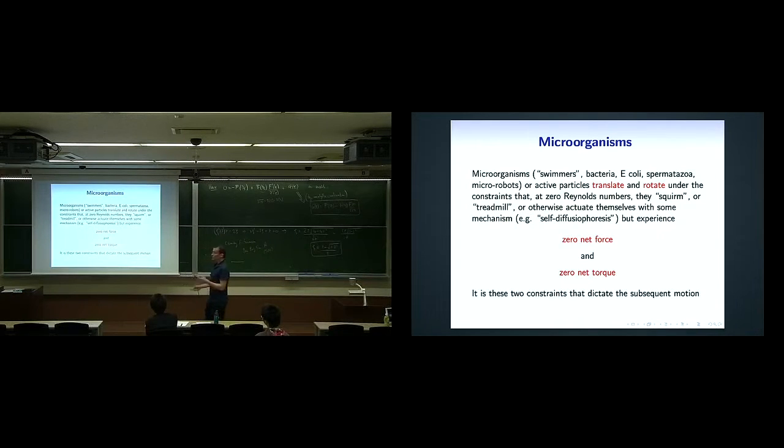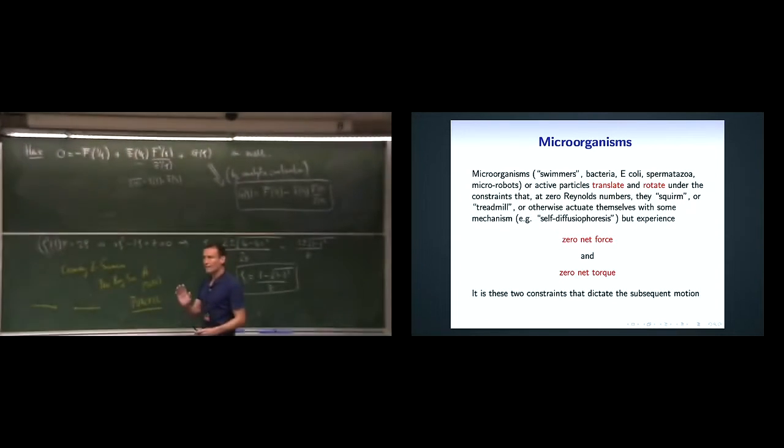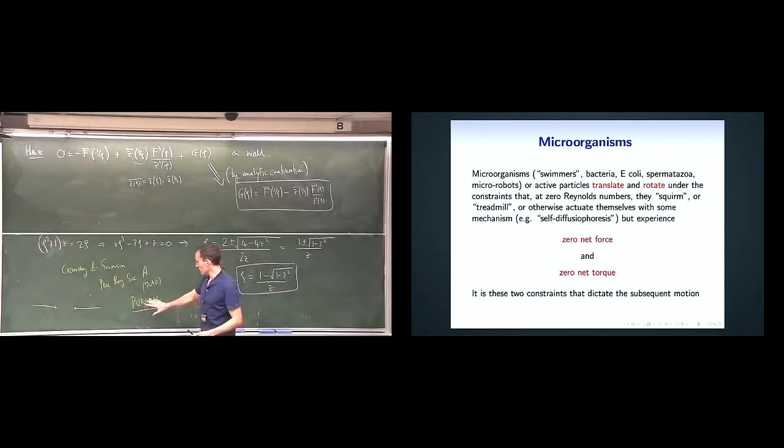And the whole point about swimming at low Reynolds number, and I haven't put it on this slide, but Purcell, I think it was about in the 70s, he wrote a fantastic essay that everybody cites. He's a physicist who got interested in low Reynolds number hydrodynamics, and he wrote a fantastic article explaining the essence of low Reynolds number swimming.